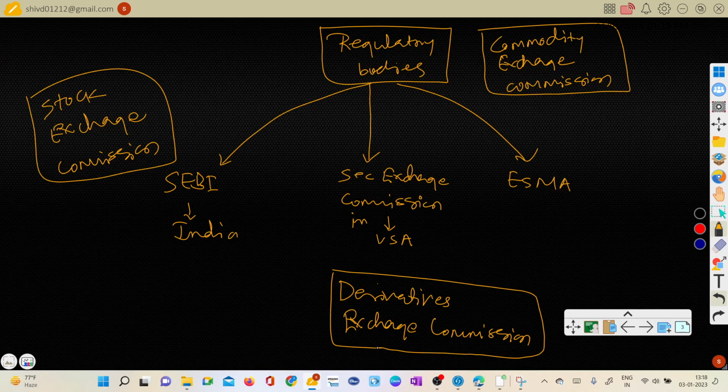Commission means a committee or body which monitors all the end to end activities of that particular segment, and it's a mandate for each and every fund, private fund, investment company or broker, or in short the participants involved in this business, to report to the exchange commission of that particular country, right?